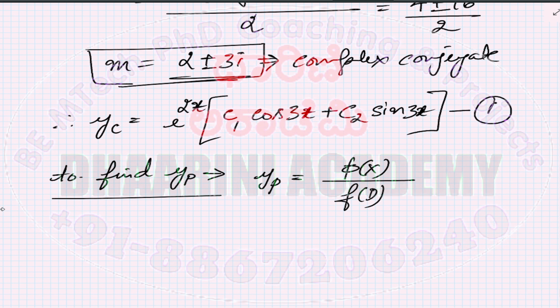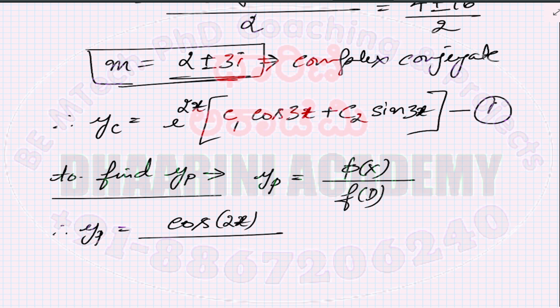In this case, I understand that therefore yp is equal to f of x, a cosine function, cos of 2x divided by f of d. If you look at the f of d, that is d square minus 4 into d plus 13.